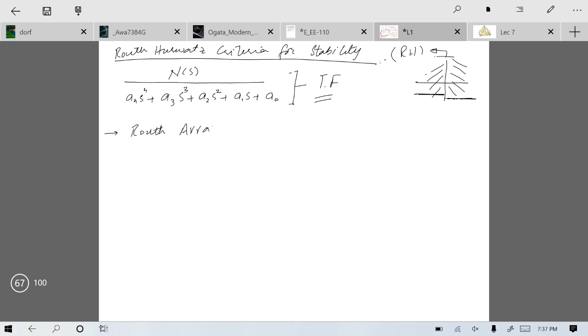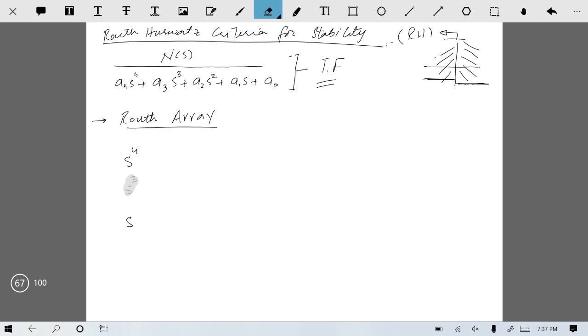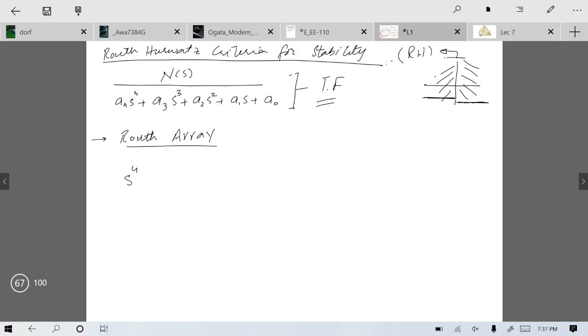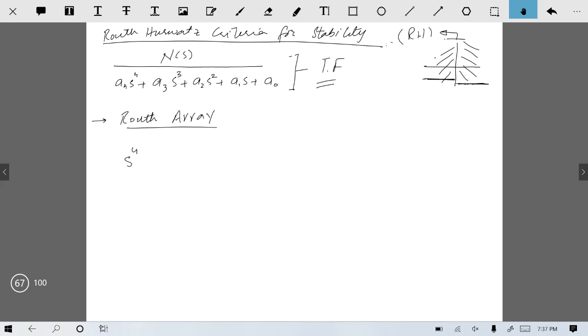Now what is a Routh array? It is a simple process. First of all, write down the S terms vertically: S4, then S3, S cube, then S square, then S raised to the power 1, and then finally S raised to the power 0.